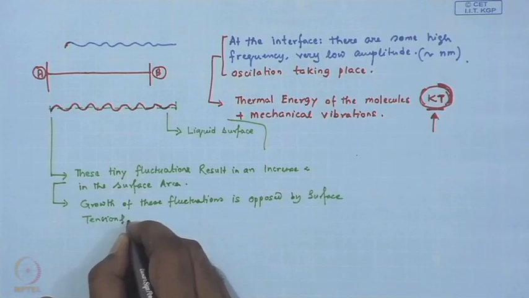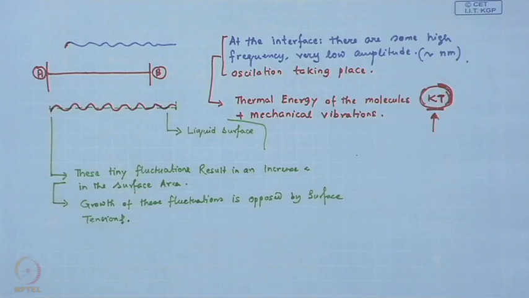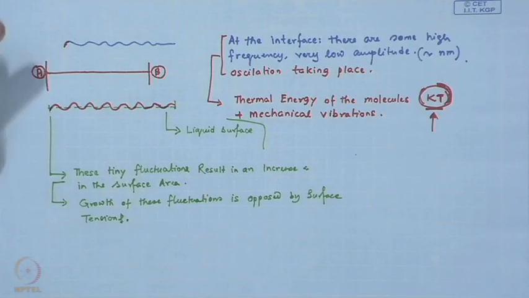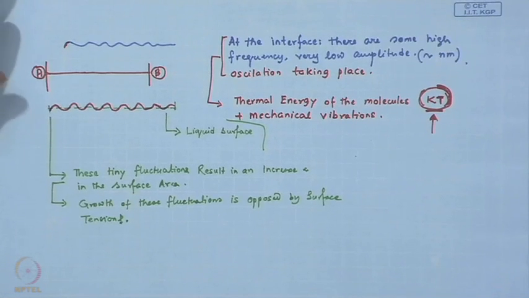Because we know that surface tension always tries to minimize the area. So, if you have a flat surface, whatever will be the total surface energy, if you have an undulating surface, because of this fluctuation, the surface energy goes up. Therefore, the surface tension will try to immediately oppose these fluctuations.